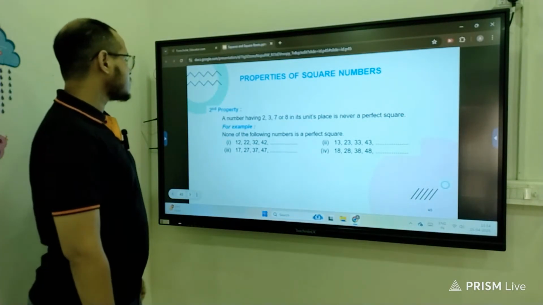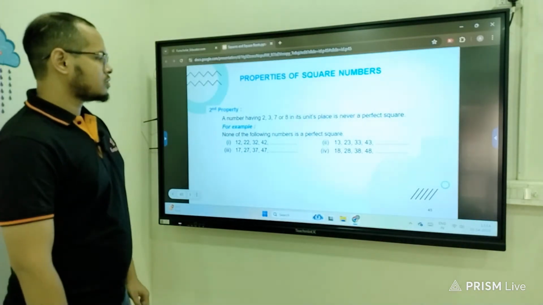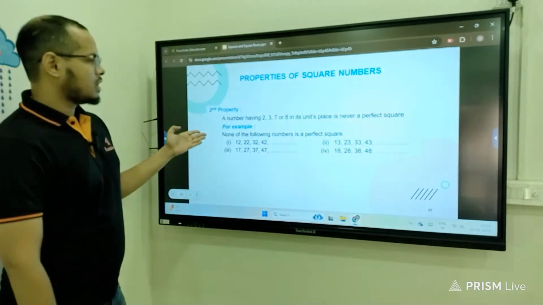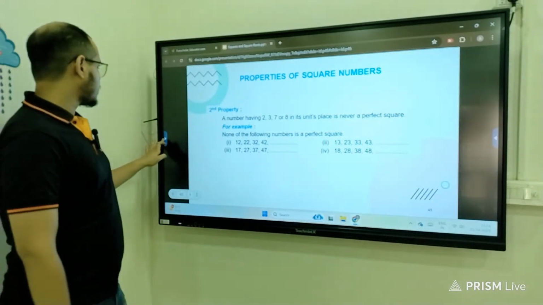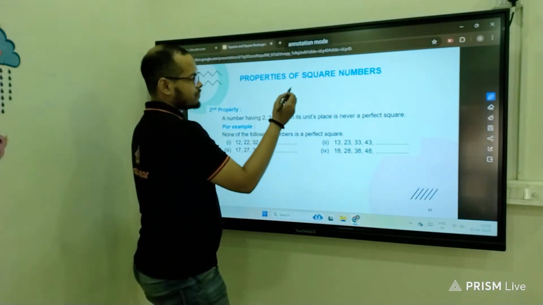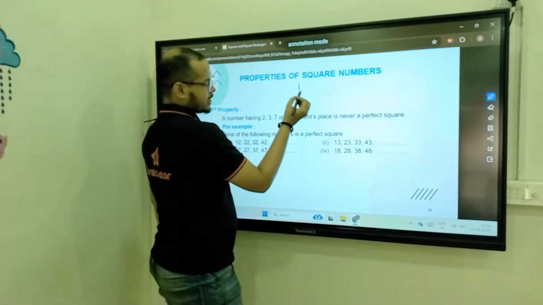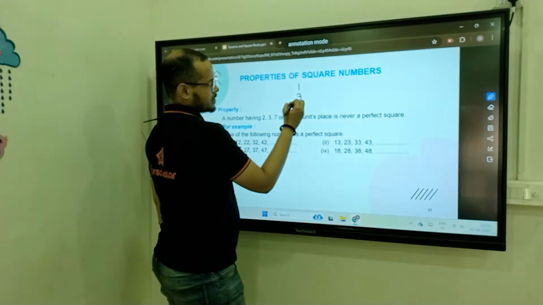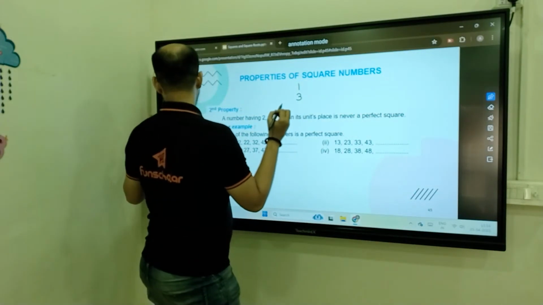Next, we have the second property. Like we have already found out some numbers, right? If 1 is coming at the end, 3 is coming at the end, no, 3 won't come at the end.